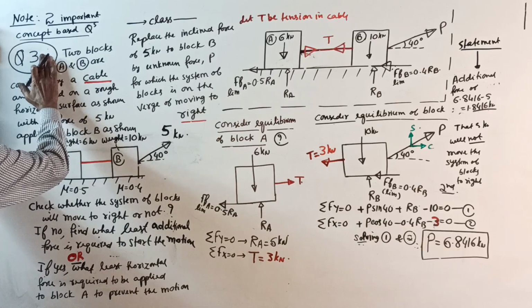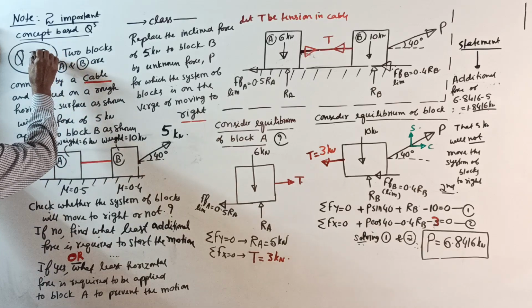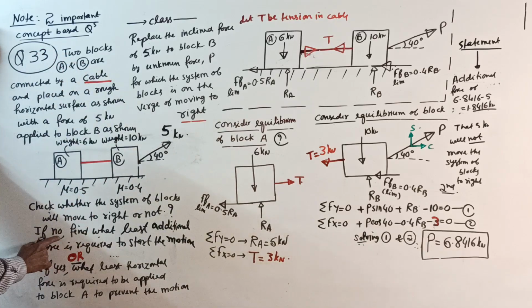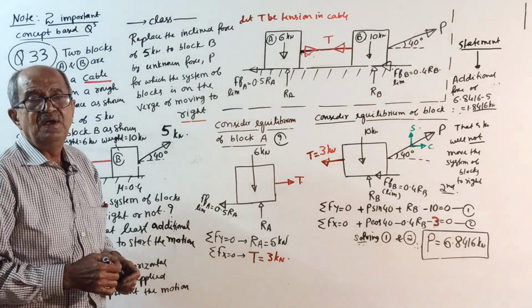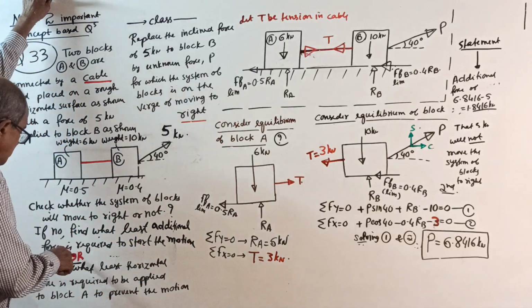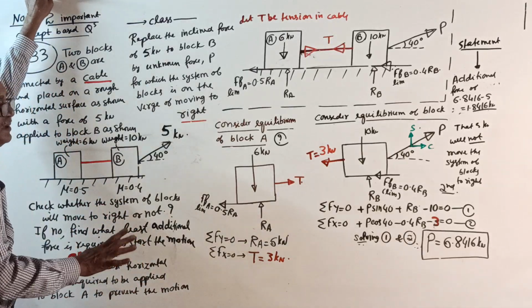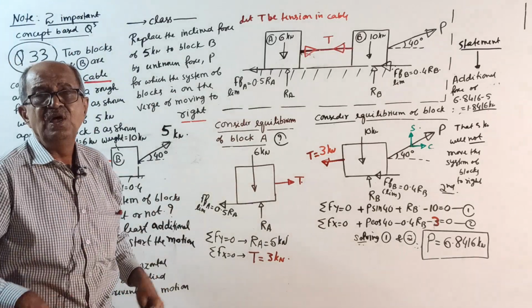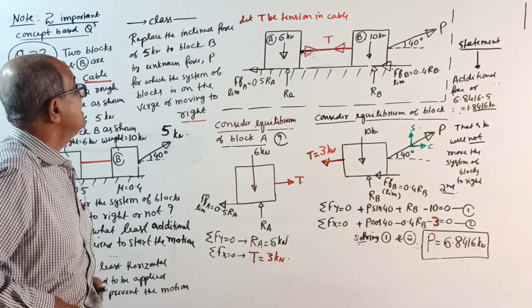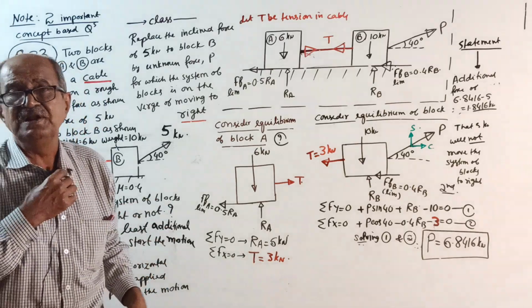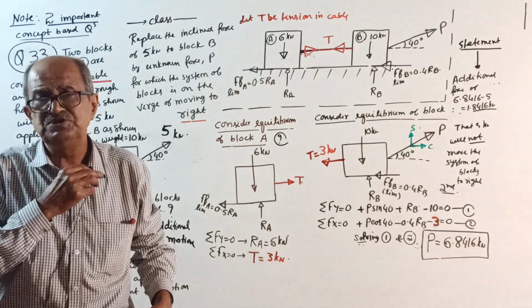Now go to 33. In this question, if no and if yes, both of them want an answer. In this question, if no is applicable, if yes is not applicable. Now the last question of connected bodies, where I will make yes. I will set the question and then solve it to save time.